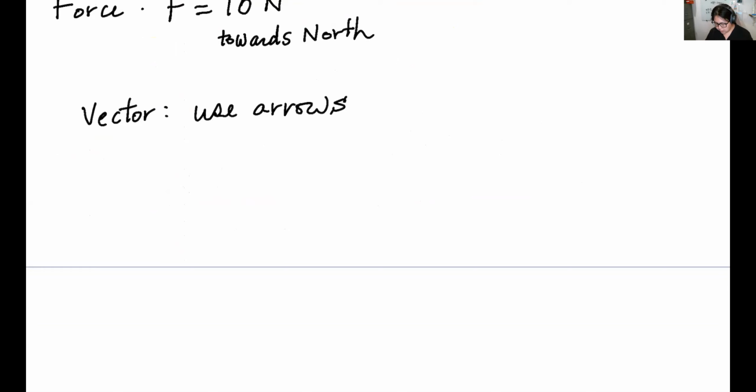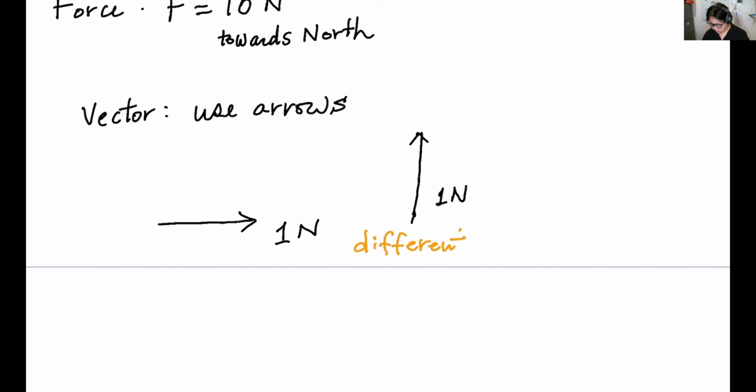So when I say 1 Newton to the right, or 1 Newton up, these two are different forces, different vectors.